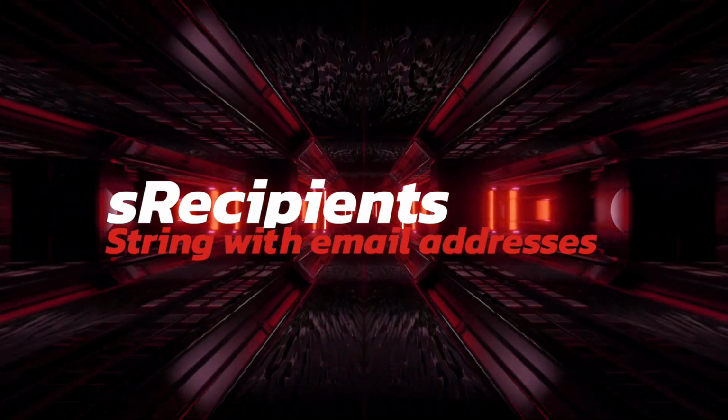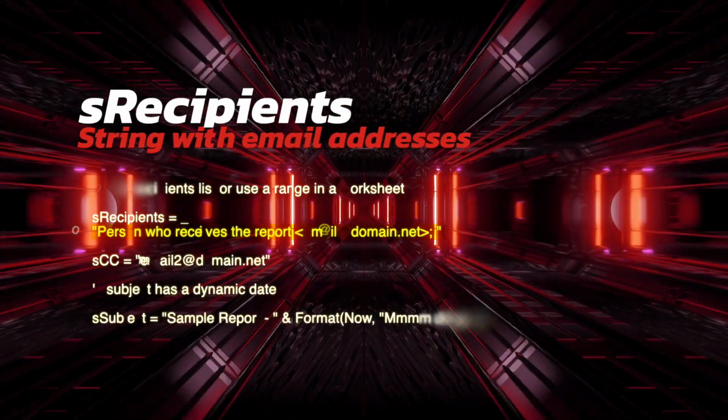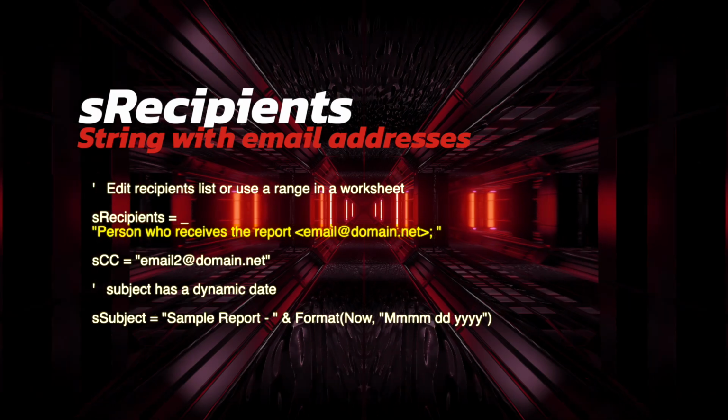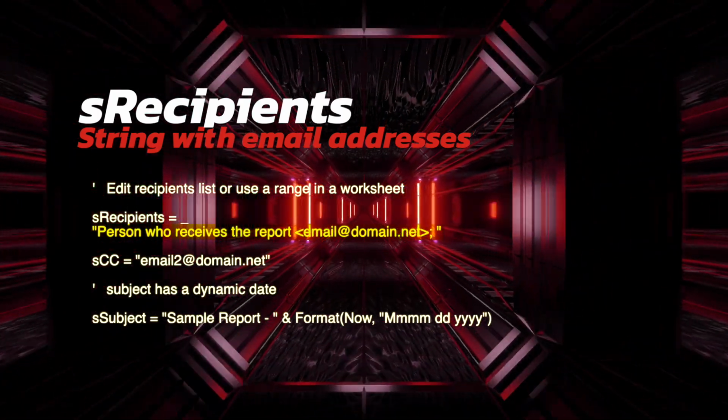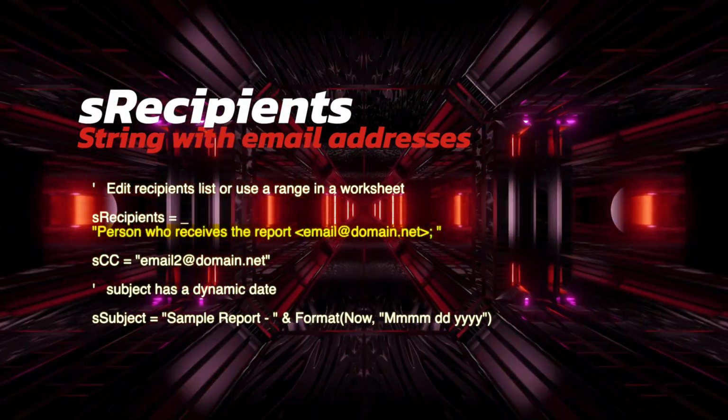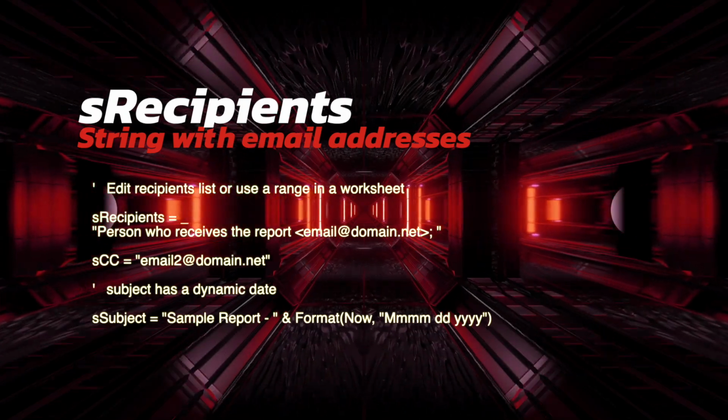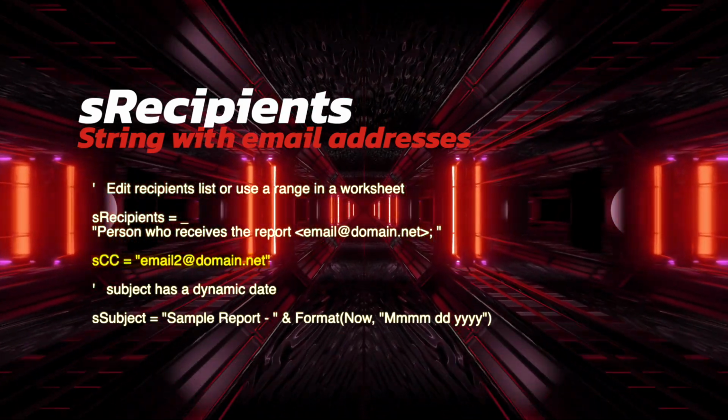Recipients. This is a string, or text string. You can update this in the VBA code or use a range in Excel with a list of emails. Same for the body, CC, BCC.